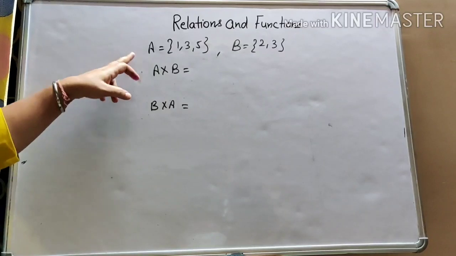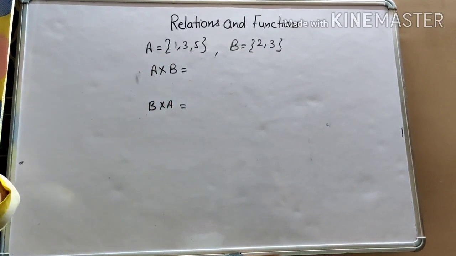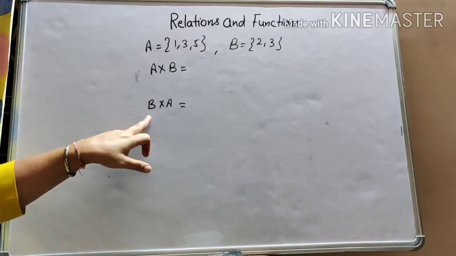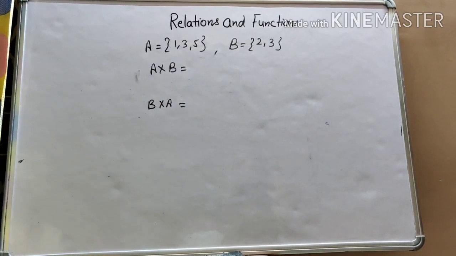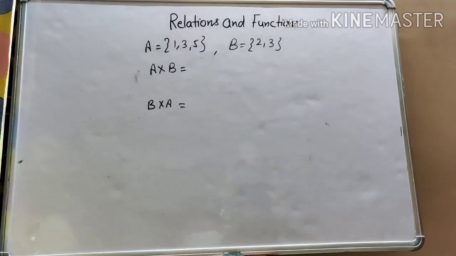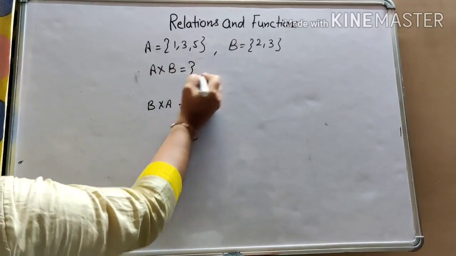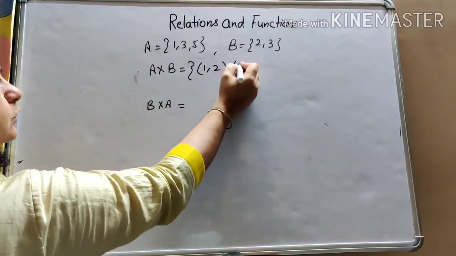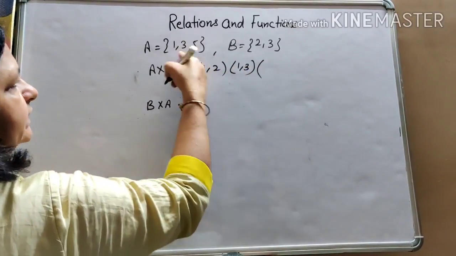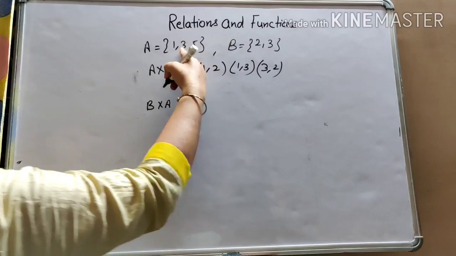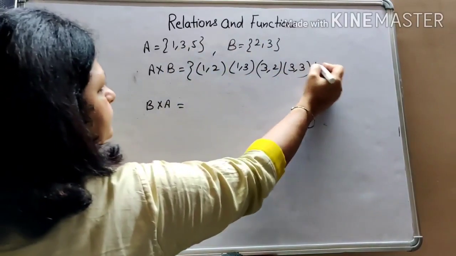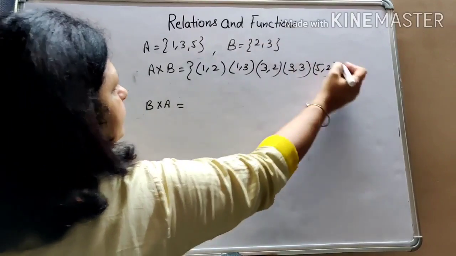Now, in this statement, set A is given and set B is given. We have to find the Cartesian product of A and B. So what is the Cartesian product of A and B? The ordered pairs will be (1, 2), (1, 3), then (3, 2), (3, 3), (5, 2), (5, 3).